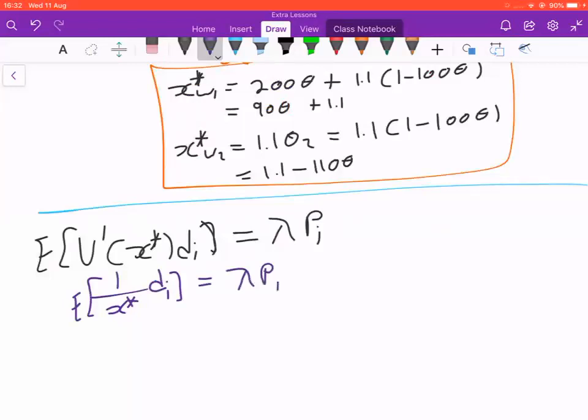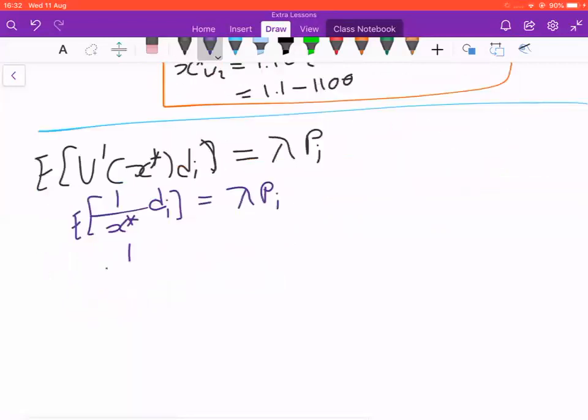lambda p. So you have two states, right? So to simplify this equation, you will have 1 over x for state one, the p for asset i for state one, and the probability, right? Because you are looking at expectation.